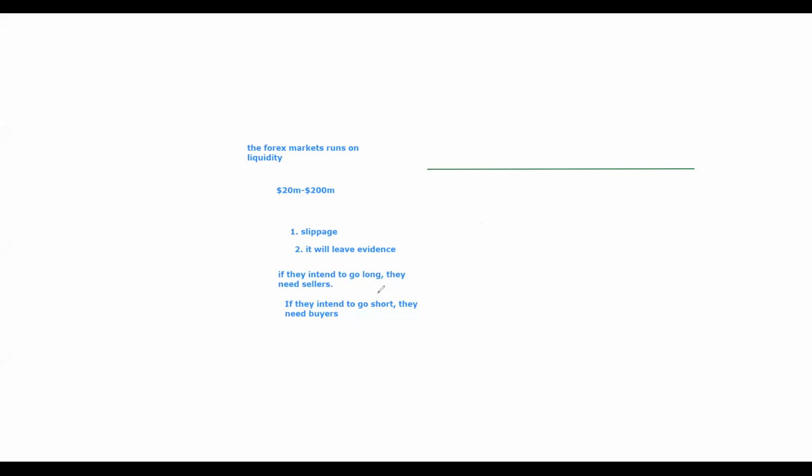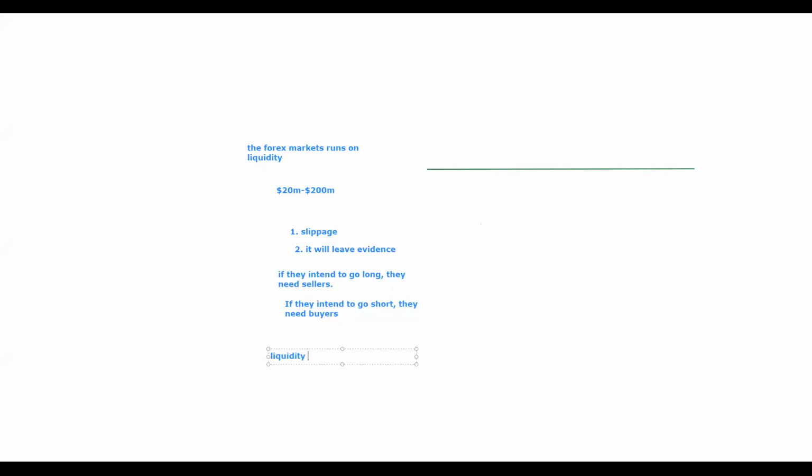And how do they do that? That's where you have what I said in the beginning. This is where liquidity comes in. And what is liquidity? Let me write that down before I go into the example.